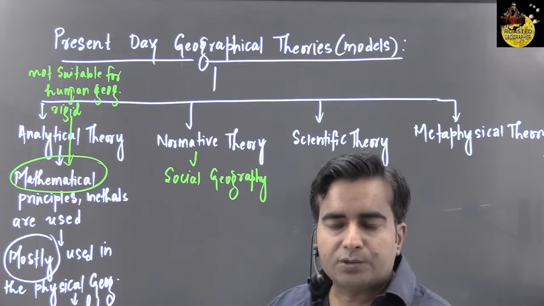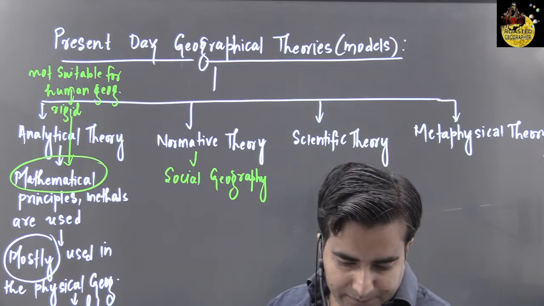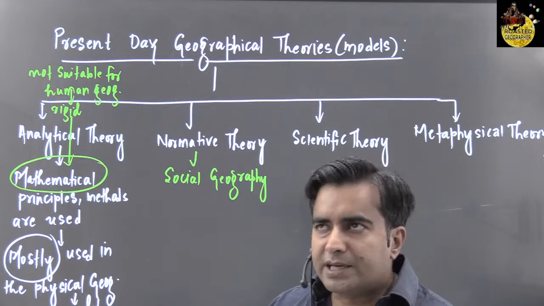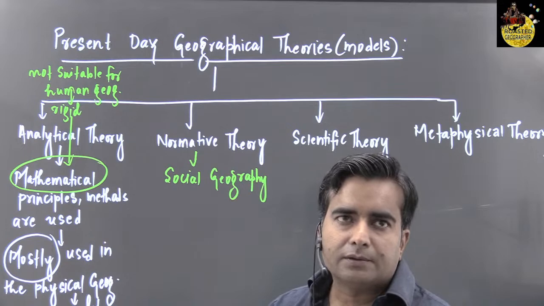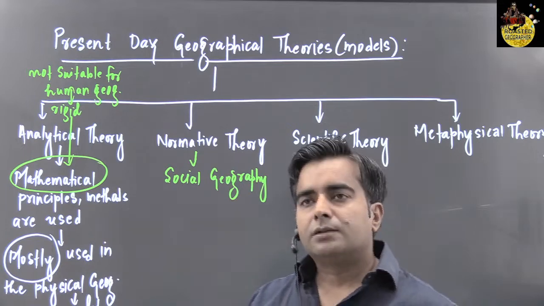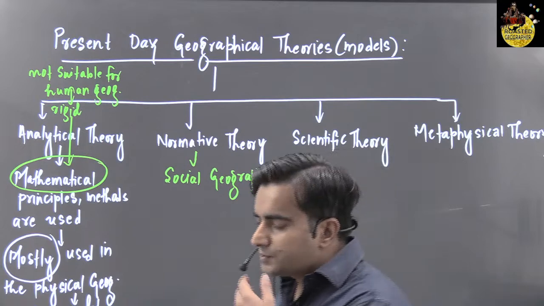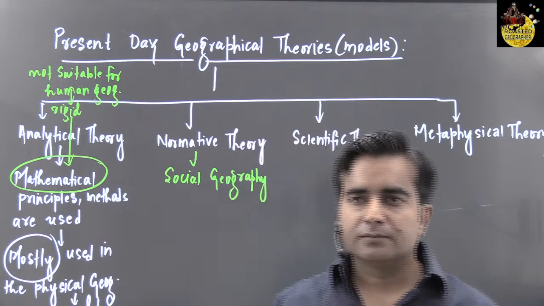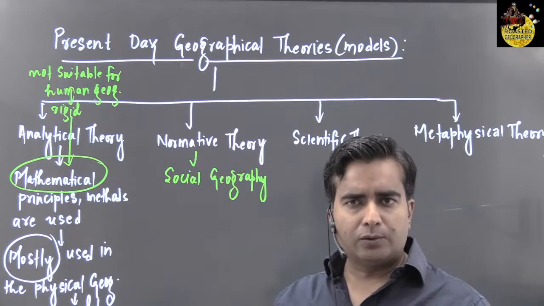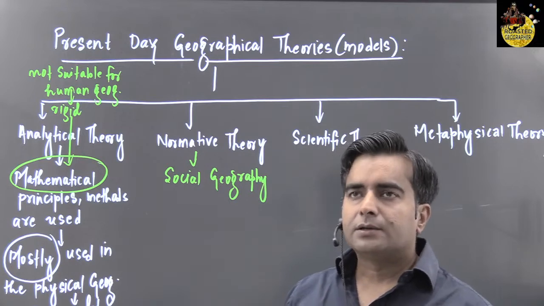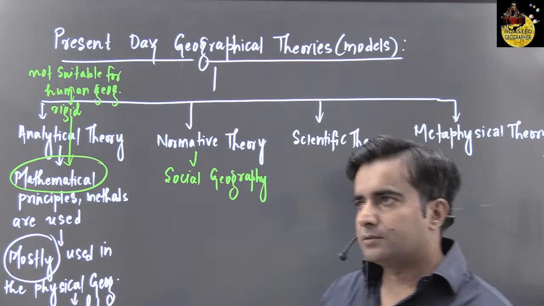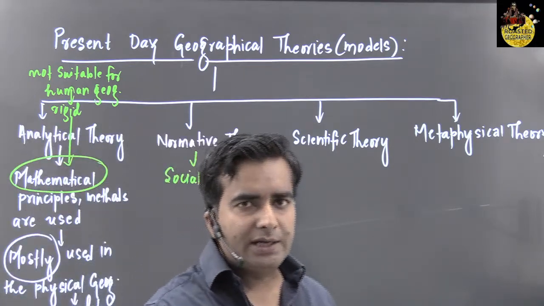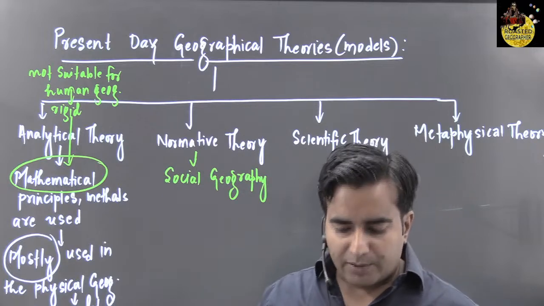The basic material for the theory formulation is collected from the society. Normative is our value, love, emotion, सब कुछ. So the basic material is collected from this normative society, value based society.